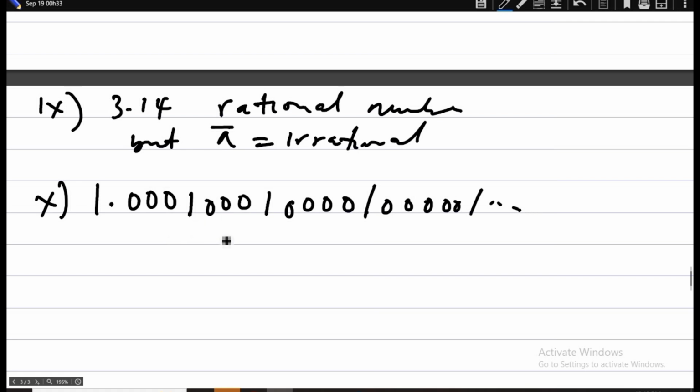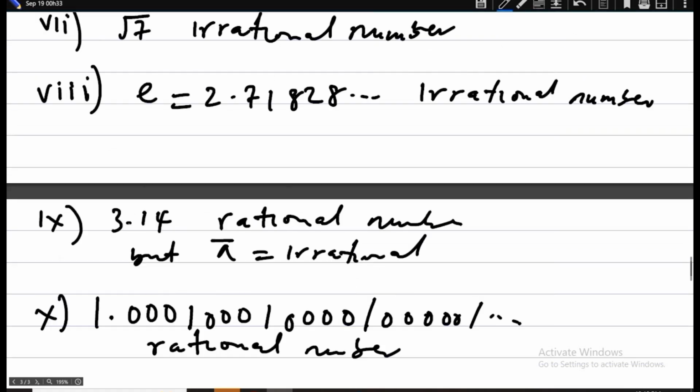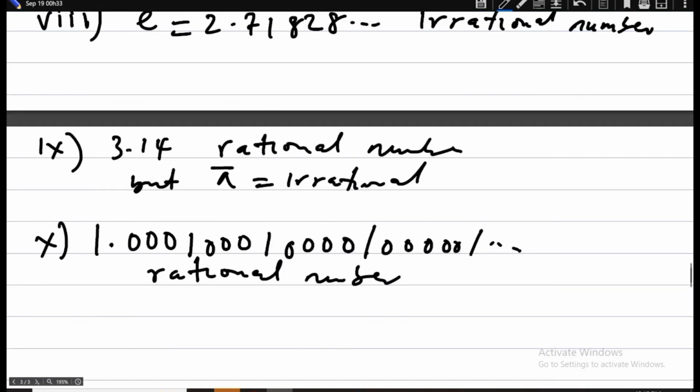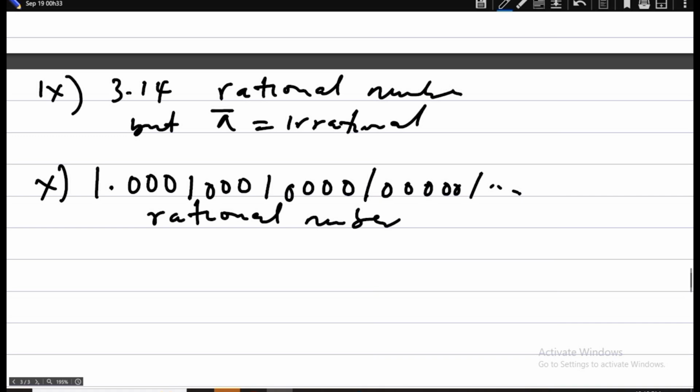When a decimal has a particular pattern, we say that it is a rational number. But if it does not have a particular pattern, look at the exponential, it does not have a particular pattern. I have 2.71828. It continues in a random manner that I don't understand. We call it an irrational number. But if you look at this one, it has a particular pattern, it is a rational number.